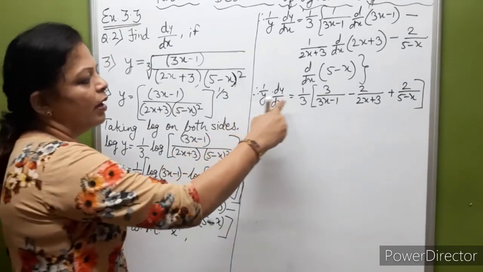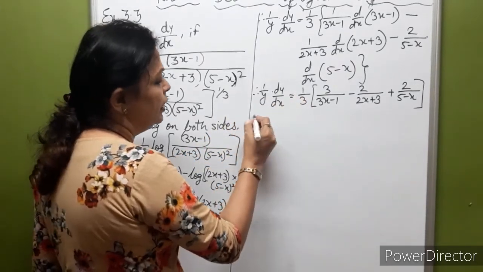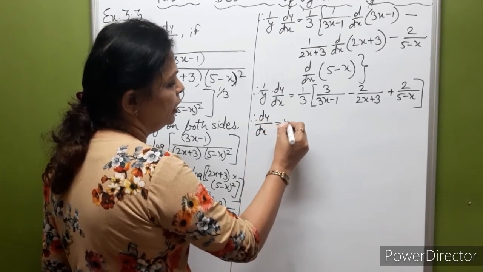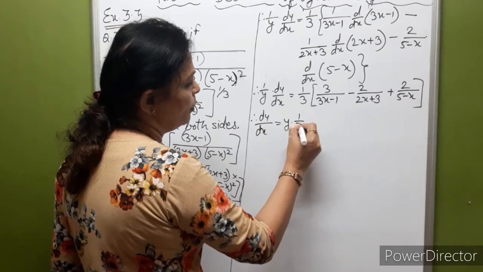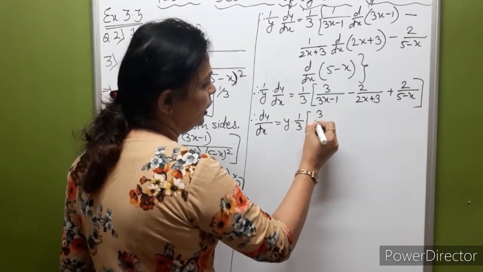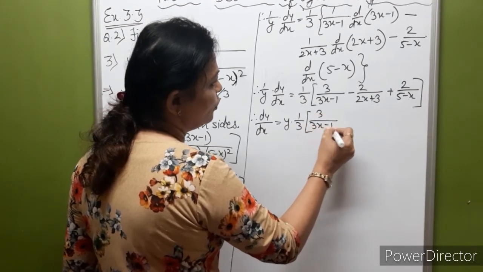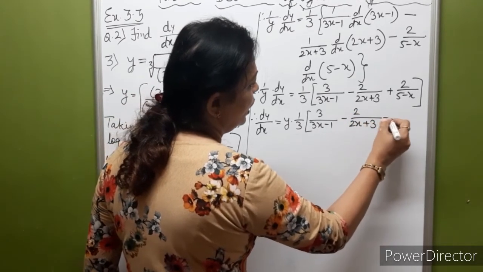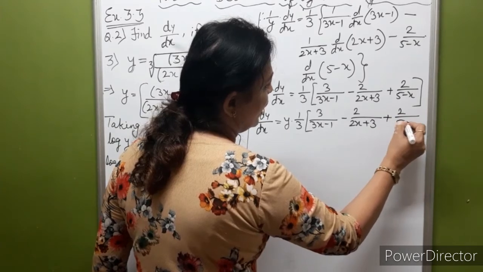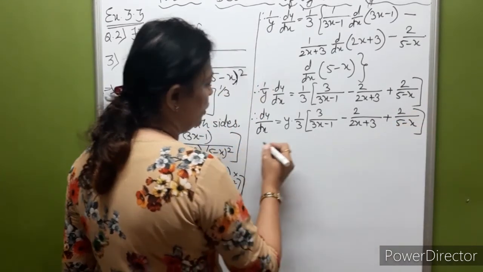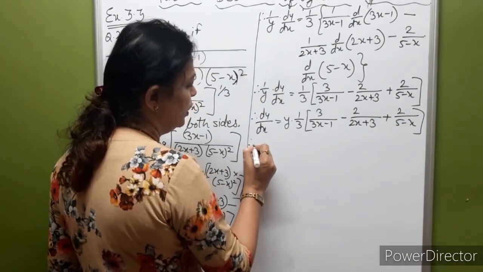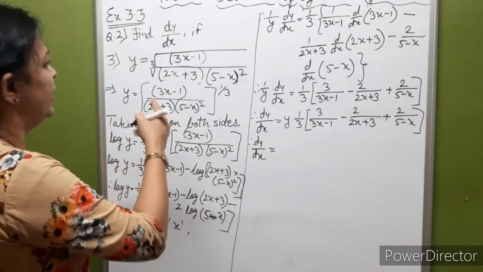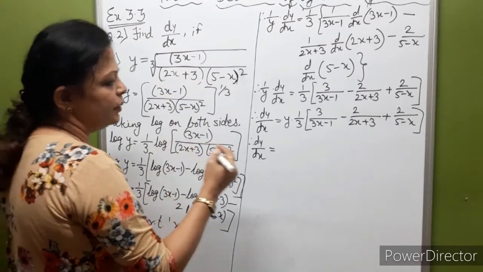Correct? Now take y on the other side. Now we have won the battle. It's all simplified. So dy by dx is y into 1 upon 3, 3 upon 3x minus 1 minus 2 upon 2x plus 3 plus 2 upon 5 minus x. Now resubstitute the value of y. What is y? Y is the cube root of this.